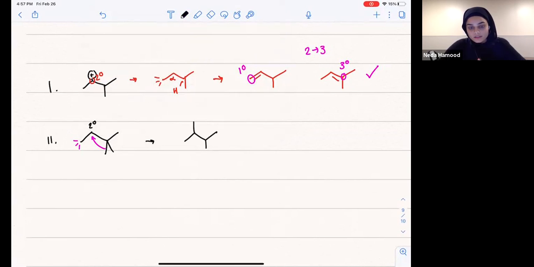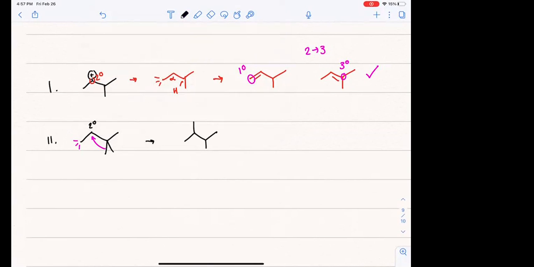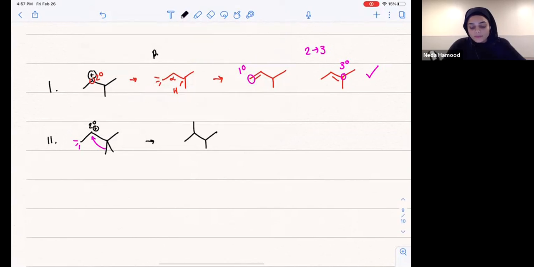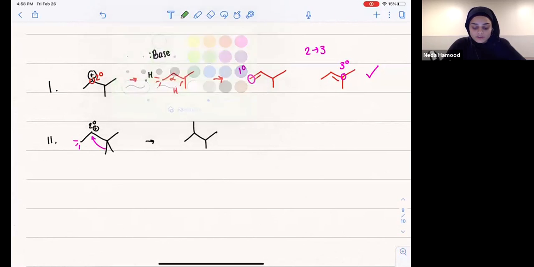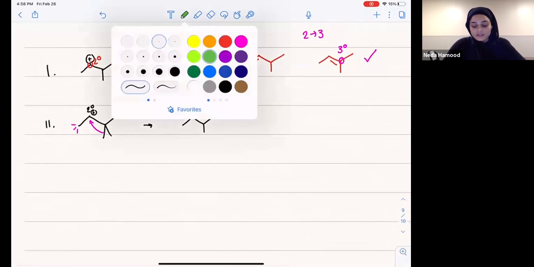Where did you get the double bond from for the first one? It just seems like it came out of nowhere. Oh, so let's say that we have some sort of base. It would come and grab this hydrogen, let me do it in a different color, and then this would move towards our carbocation right here. This is just the way that an elimination reaction works.